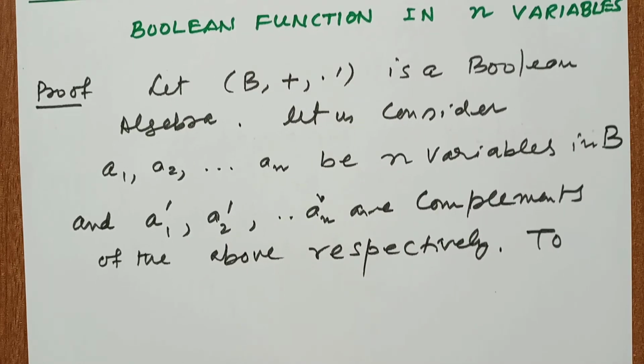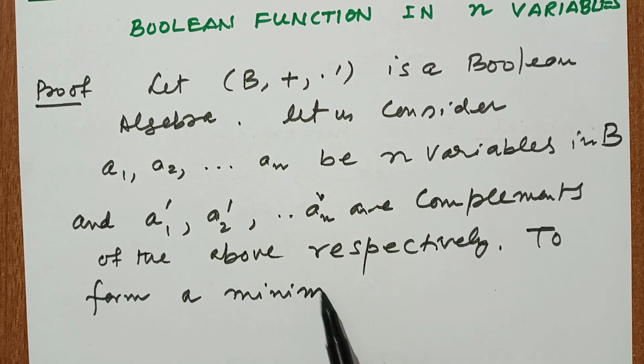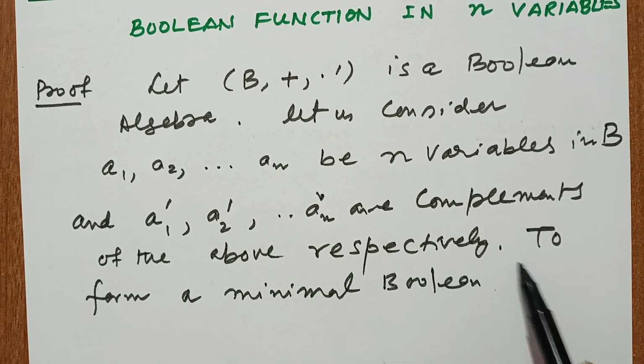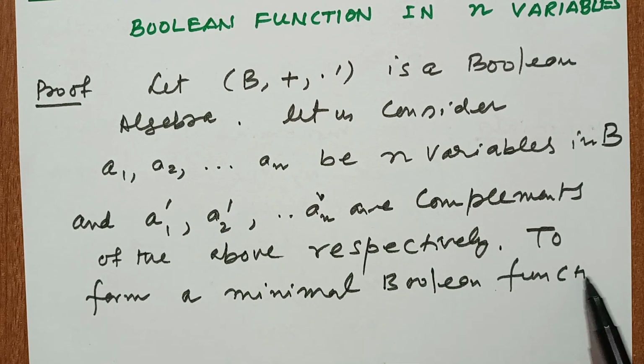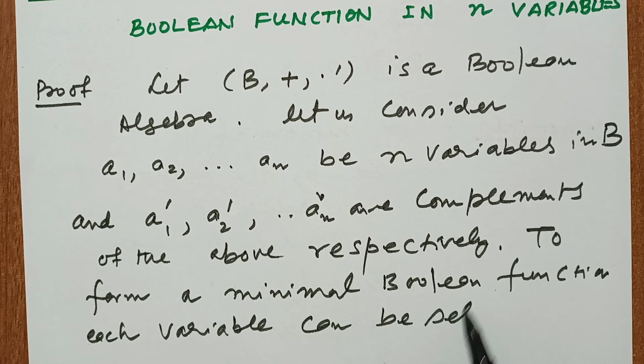To form a minimal Boolean function, each variable can be selected in two ways.